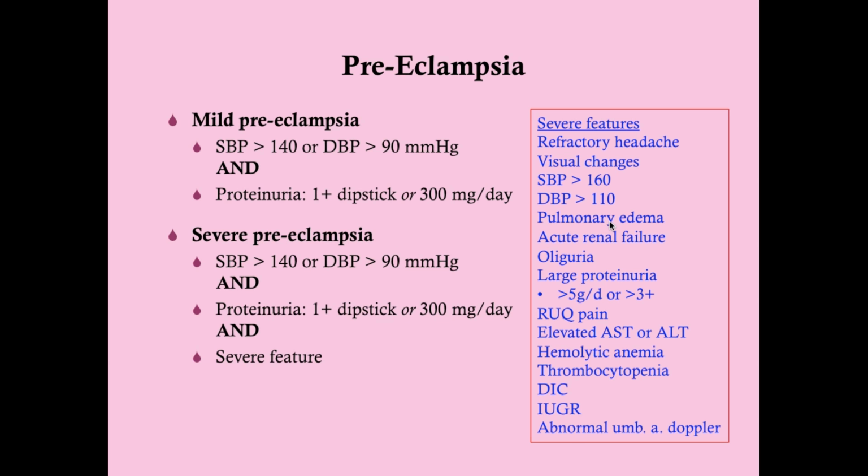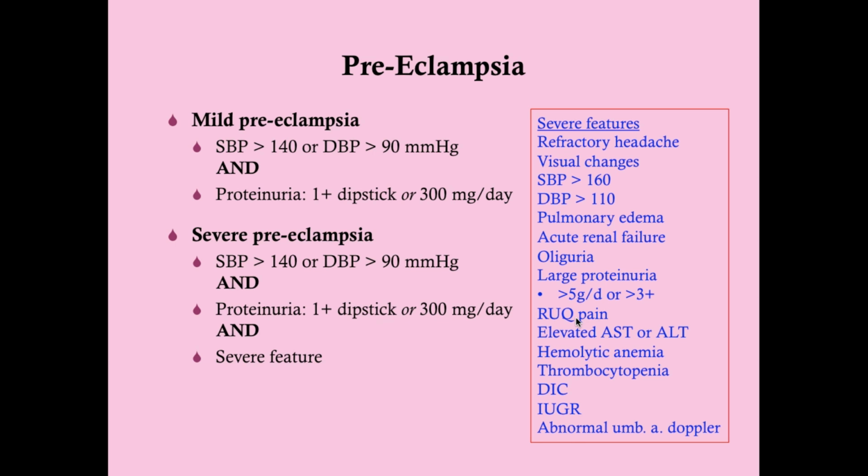Okay, also pulmonary edema, acute renal failure, oliguria. This all has to do with decreased flow to the kidneys. Large proteinuria, so this is nephrotic range proteinuria. If they have more than 5 grams of protein per day or a 3+ dipstick, then this is severe preeclampsia. Right upper quadrant pain, what does that come from?